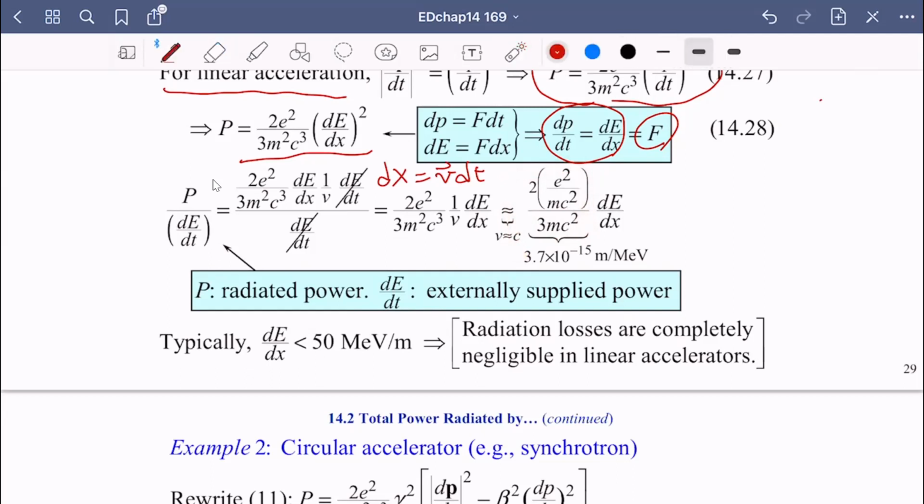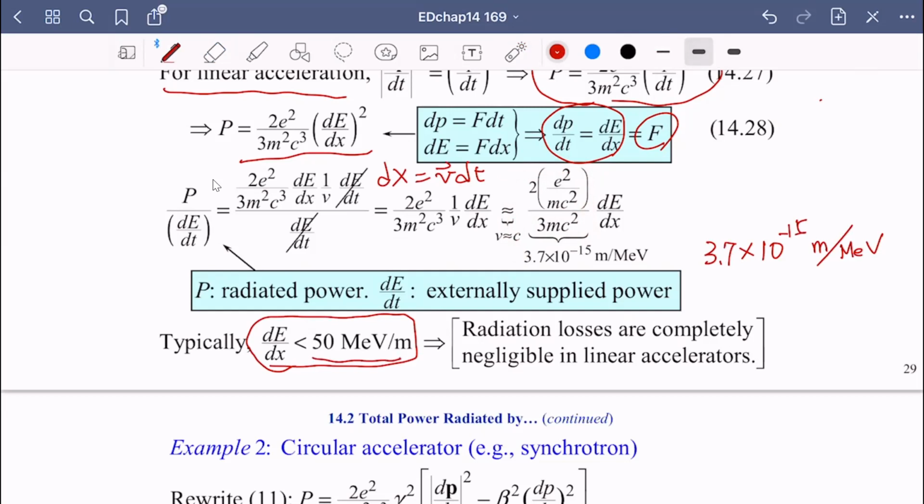Very small. 3.7 times 10 to the minus 15 meters per MeV. Typically, if we accelerate a particle with this energy, over 1 meter, we accelerate to 50.